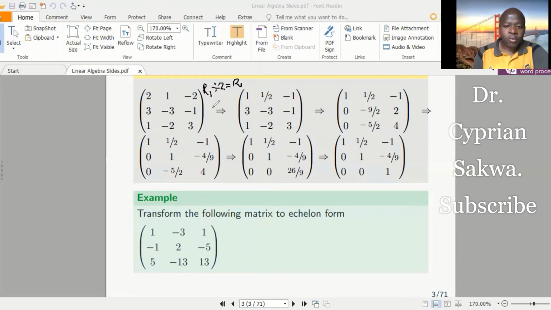And as you proceed, it's always easier and good to show your row operations. So this is my row operation: to get my new row 1, I took the old row 1 divided by 2. When you divide this row by 2, you get 1, a half, and negative 1.